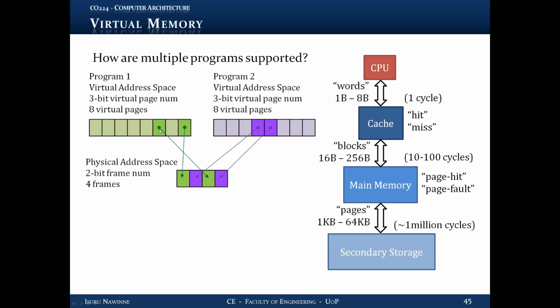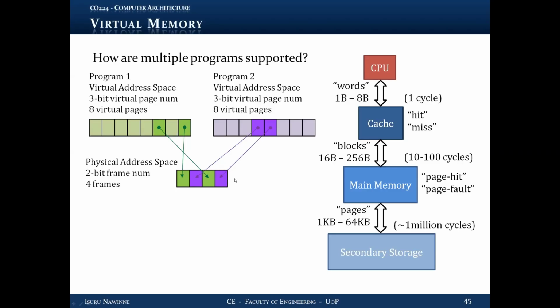So there are 2 virtual pages being mapped to frames in the memory for program 1, and program 2 also has 2 virtual pages being mapped to physical frames in the memory, right?